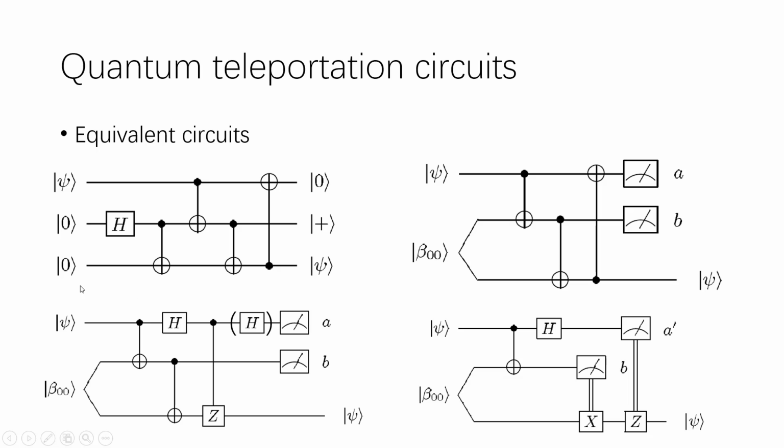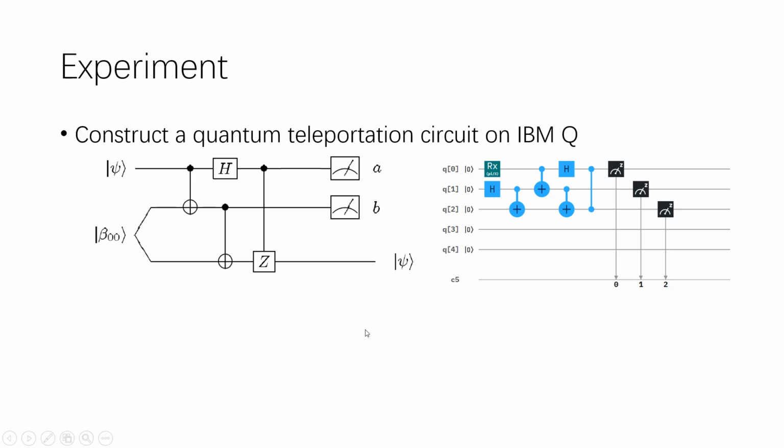And on the IBM Q computer, we will use this circuit to show the quantum teleportation. I will show hands-on in a minute how to construct the quantum teleportation circuit on the IBM Q Quantum Computer. And this is the circuit.